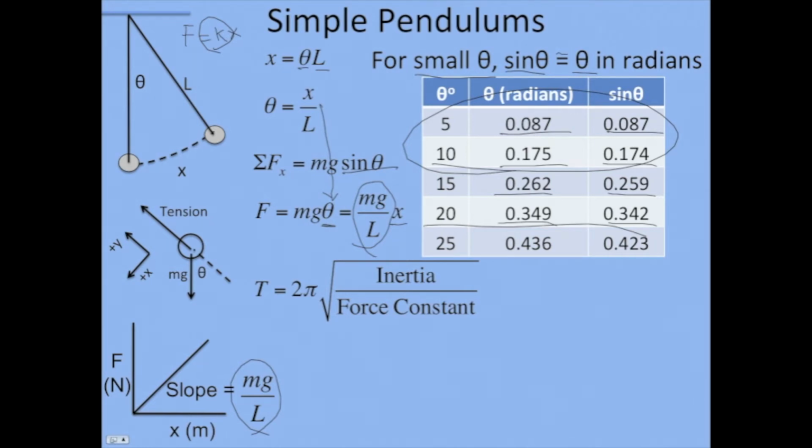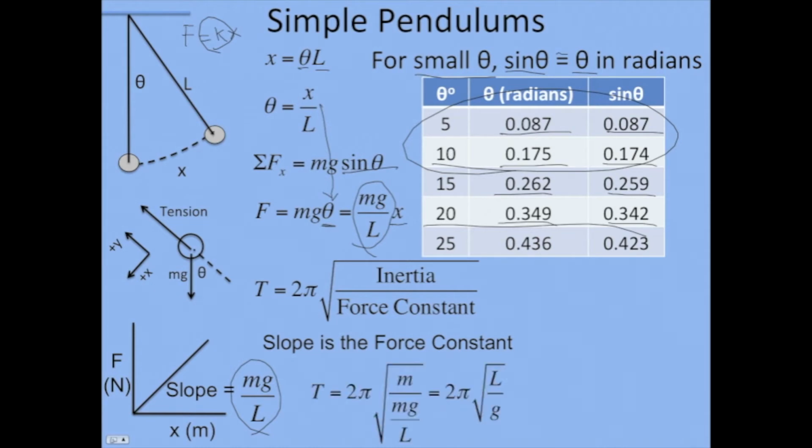Well, it's accelerating tangentially, so the inertia is the mass, and the slope is the force constant. And so if I replace inertia with mass, and I replace force constant with mg over L, the m's cancel, the L moves back up to the numerator, and I get the equation for a simple pendulum.